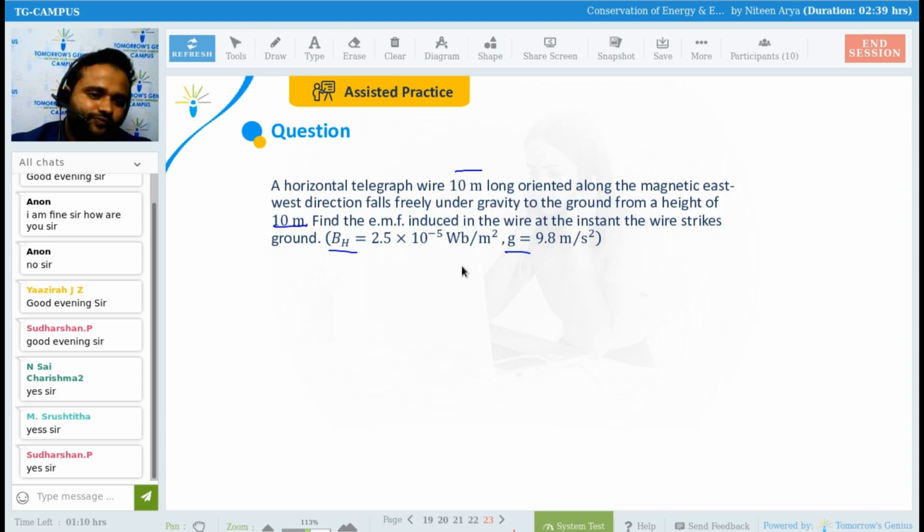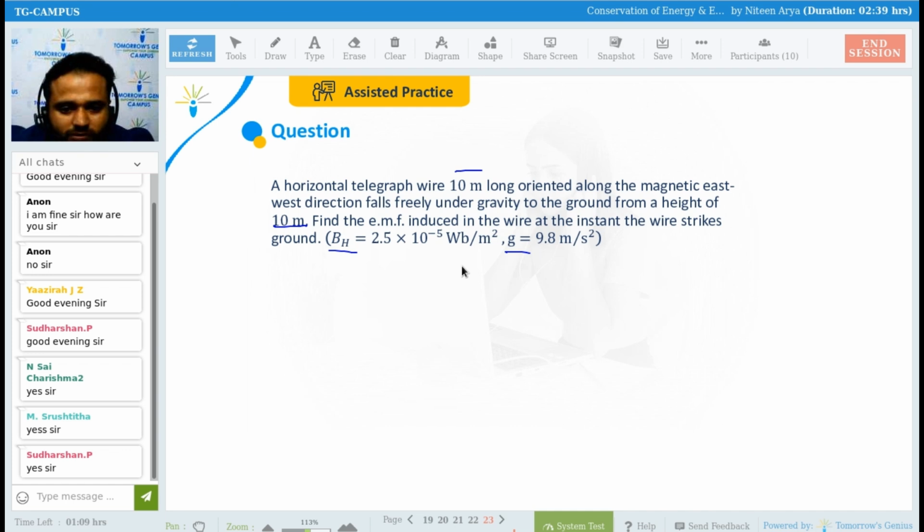S is given. Think a little bit: use the equation of motion to get V. Why do you need V? To use the formula BLV. B you can take as BH in general, and L is given.